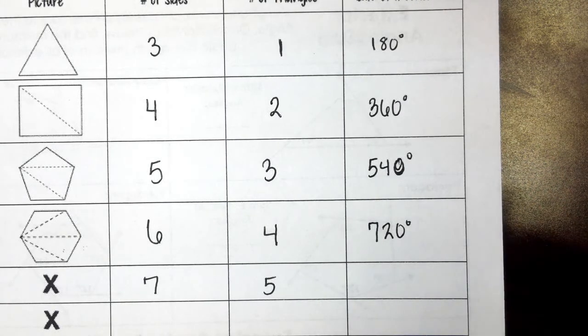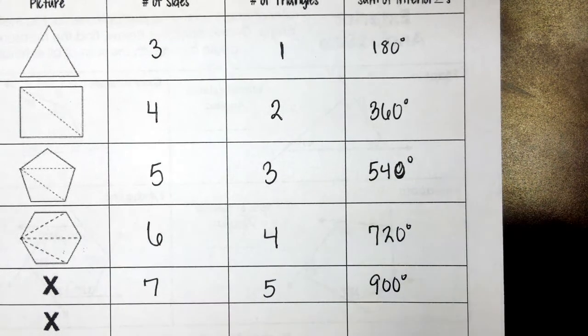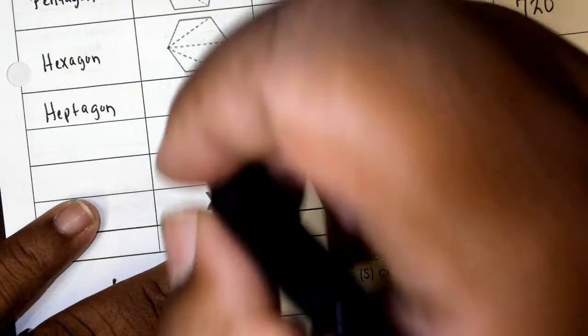What do the degrees of the triangles add up to? 900. And so on. Y'all just need the names from here.